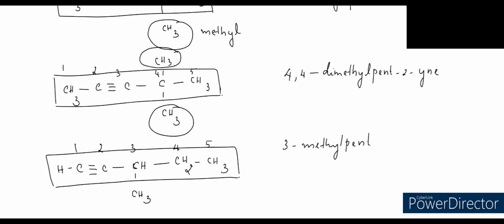If there were two methyl groups, one on the third position and one on the fourth position, then the name will be 3,4-dimethylpent-1-yne. If there were two methyl groups both on the third carbon, then 3,3-dimethylpent-1-yne.